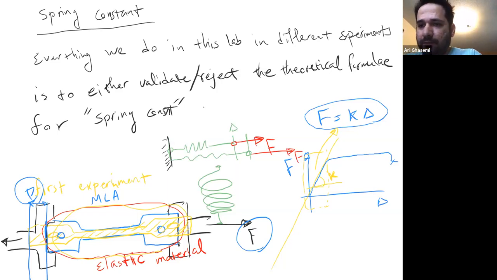All right. Now let's go to another example. Let's add one more slide. Let's go to a beam. A beam is one of the most frequent components in engineering design.